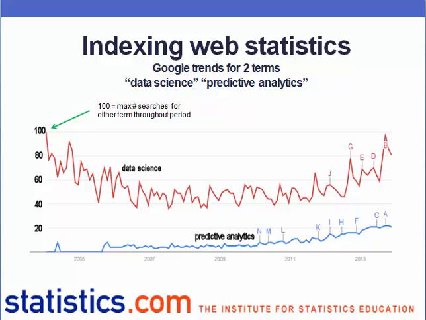They've divided it effectively so that the top number of searches comes out to be 100, and all the other data points in the charts, both charts, are the relative value to that 100 maximum.